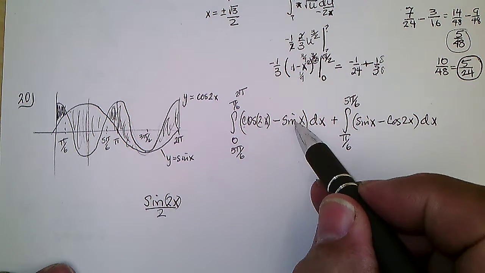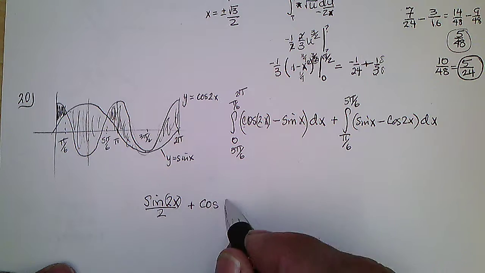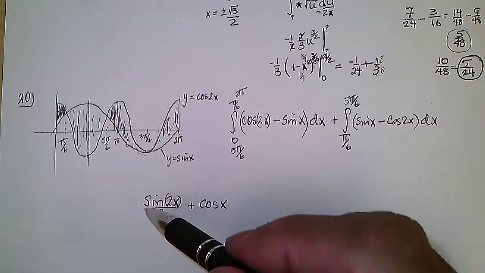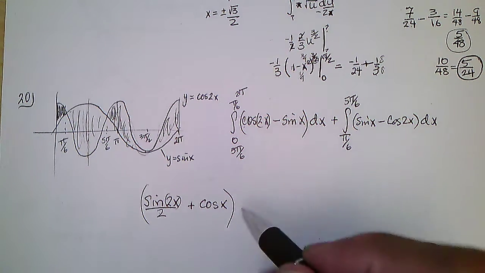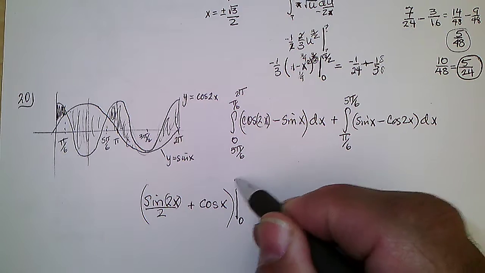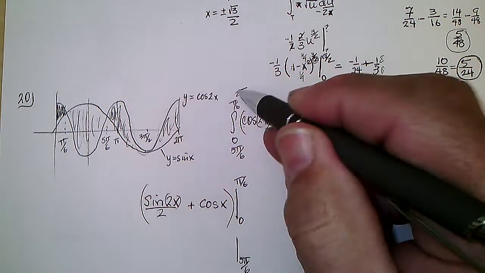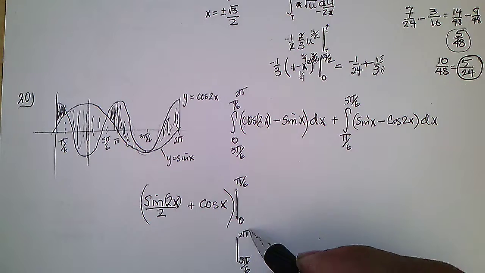The integral of minus sine x is plus cosine x. We have to evaluate that from 0 to pi over 6, and again from 5 pi over 6 to 2 pi.